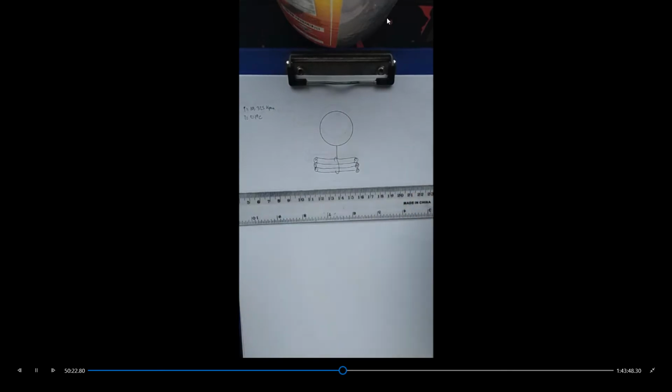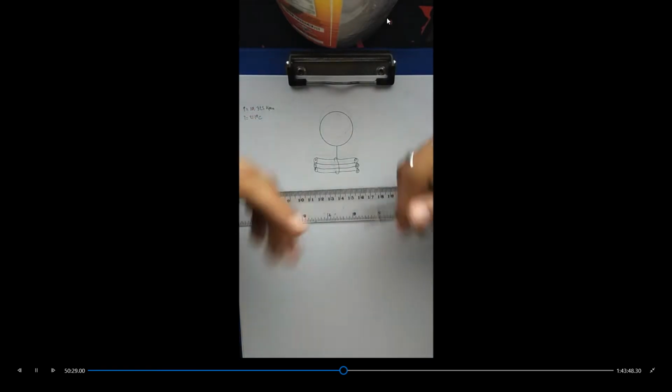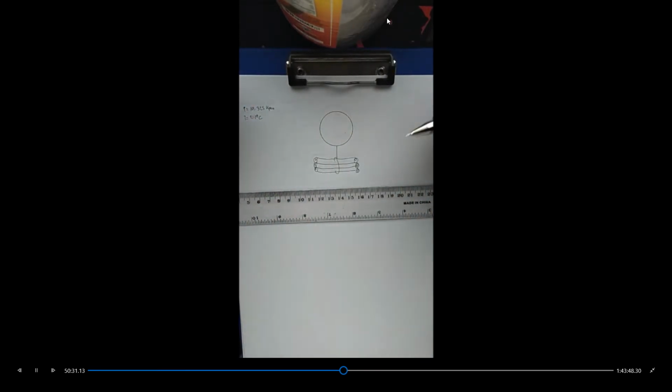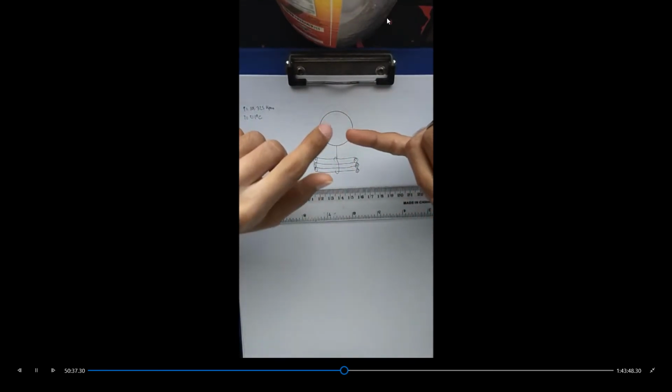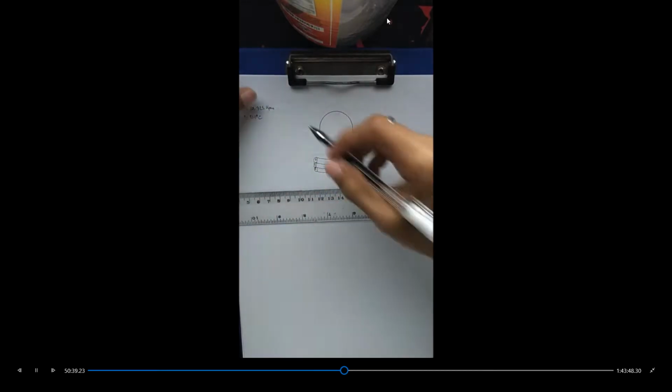As you can see, if you make a balloon float, it is being submerged in a fluid, and the fluid here is air.